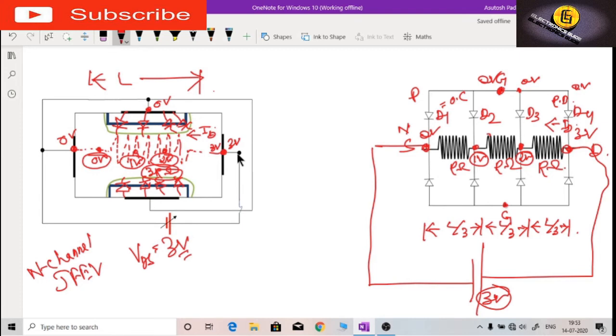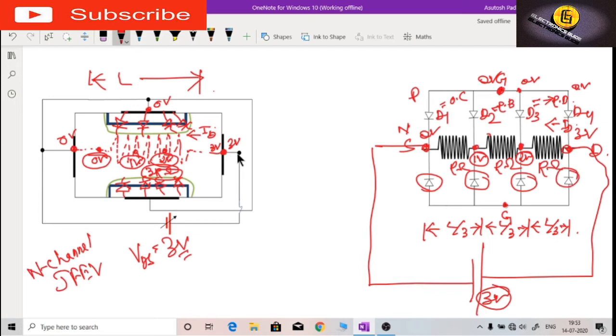That means D3 is also reverse biased. Now, what about D2? The P terminal of D2 is at 0 volt, whereas the N terminal of D2 is at 1 volt. That means D2 is also reverse biased.